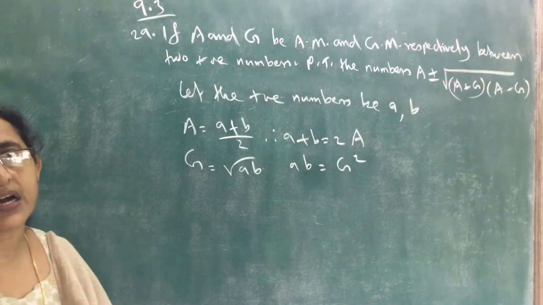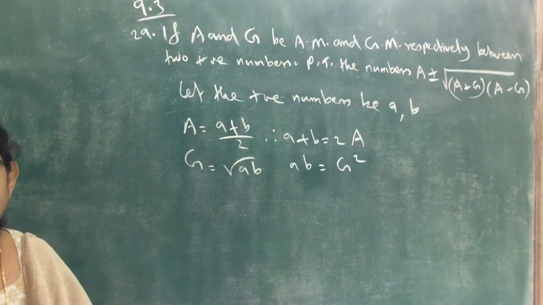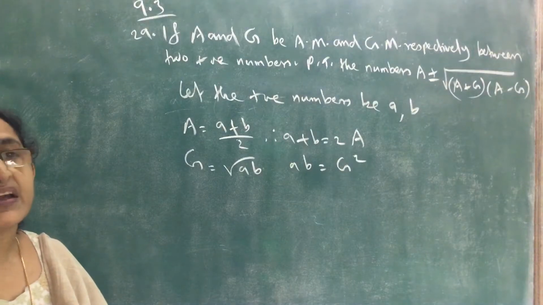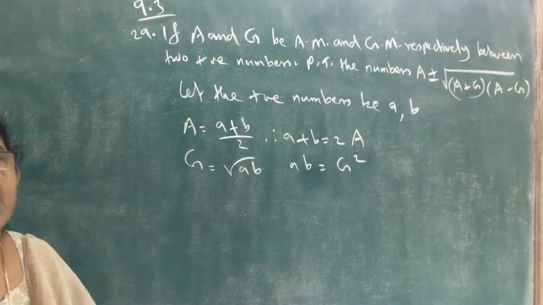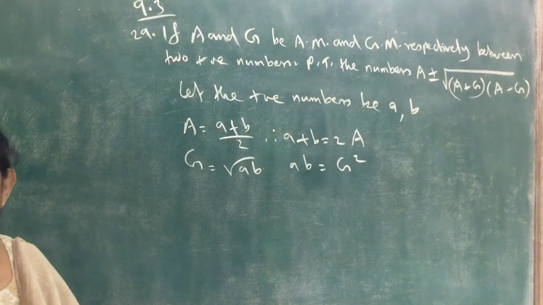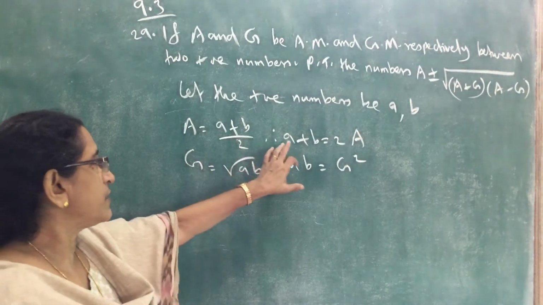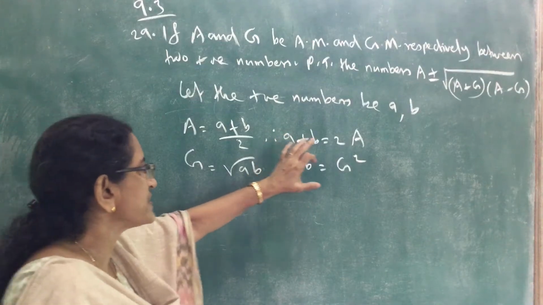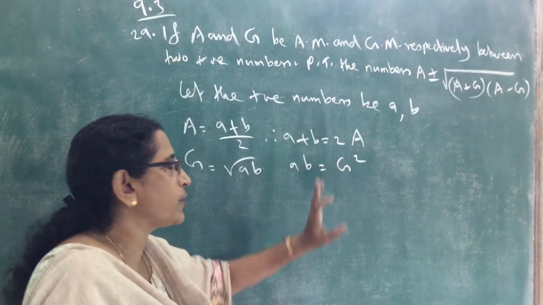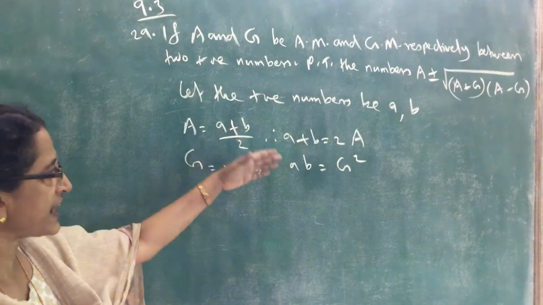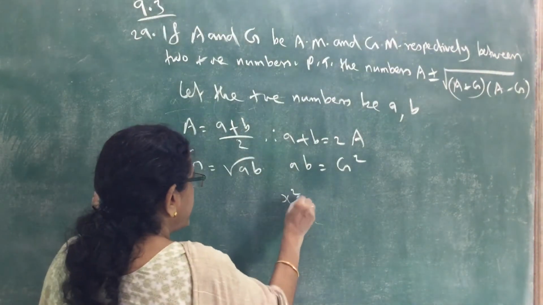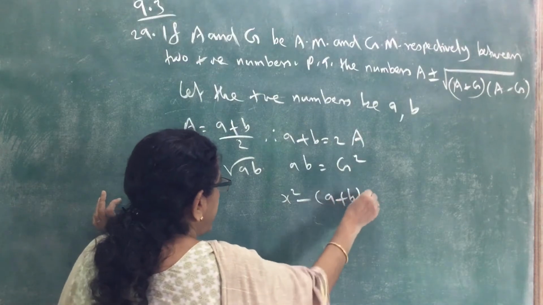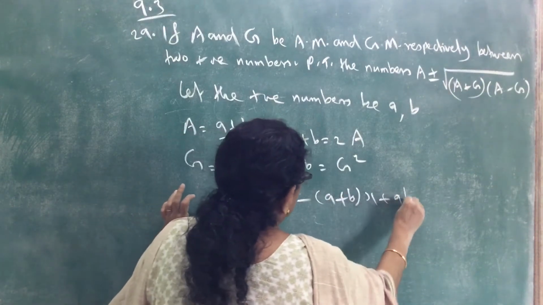We have studied that if the zeros of a quadratic polynomial are a and b, the polynomial is x square minus the sum of the zeros into x plus the product of the zeros. We have a plus b equal to 2A and ab equal to G square, so the corresponding quadratic equation is x square minus (a plus b) x plus ab equal to 0.